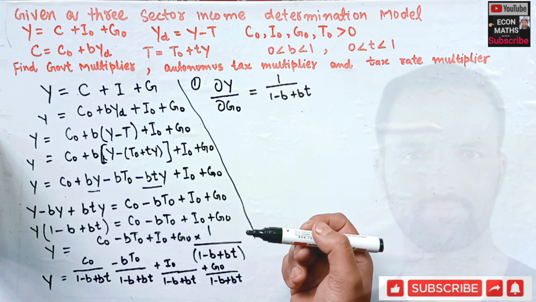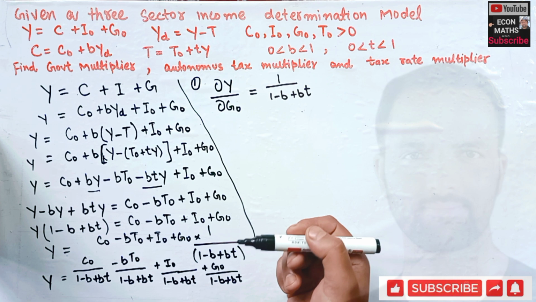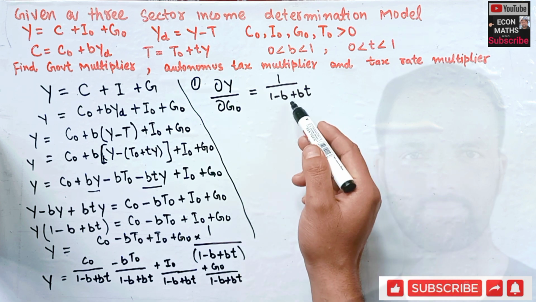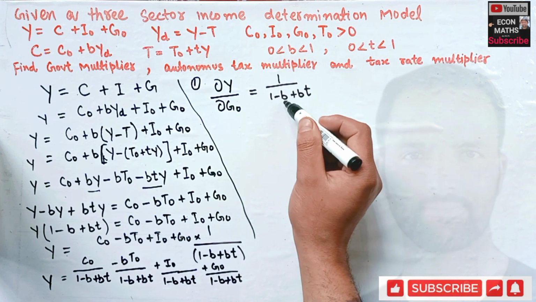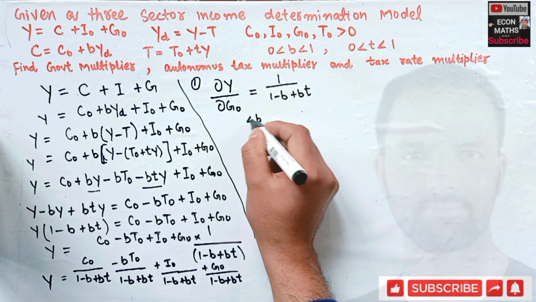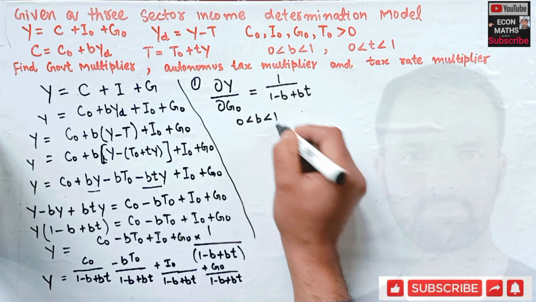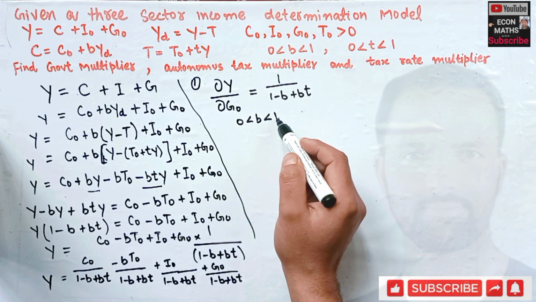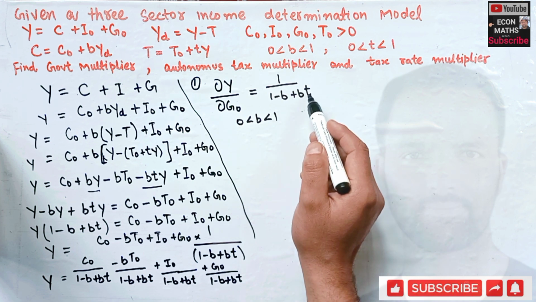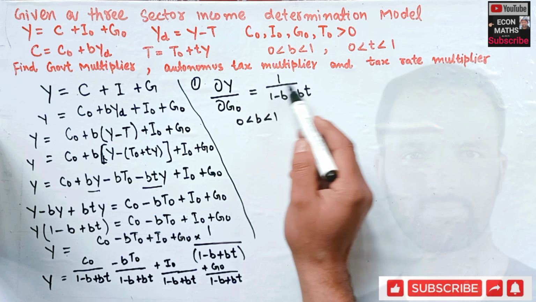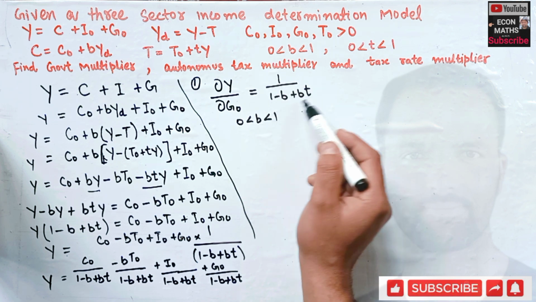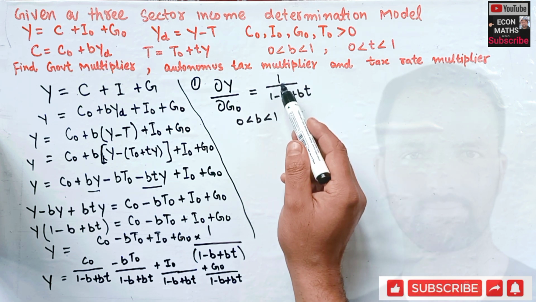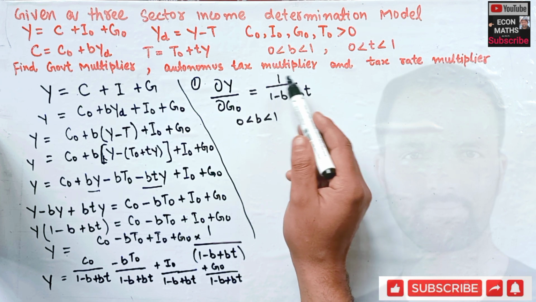And what does this tell us? Here we can also comprehend that b is greater than 0 but less than 1, and t also lies between 0 and 1. If we give any values with the given constraints, this term will be greater than 0.